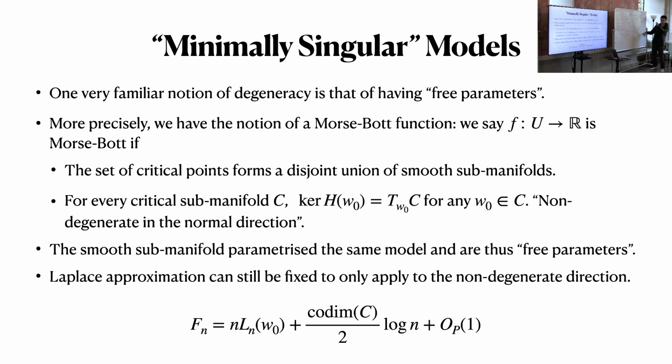To be Morse-Bott you need a smooth submanifold, and everywhere on that circle is giving you the same model. So you have one degree of freedom, not just not seeing the parameter, but a direction where you can travel that doesn't change your model. Intuitively, you don't need to specify as much, and your parameter count is one less in that example.